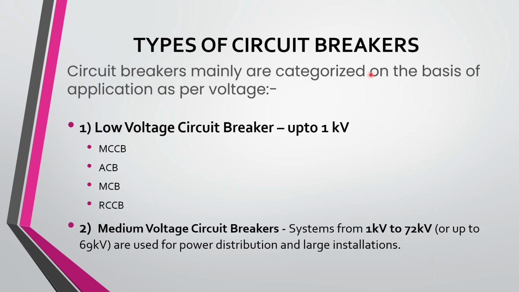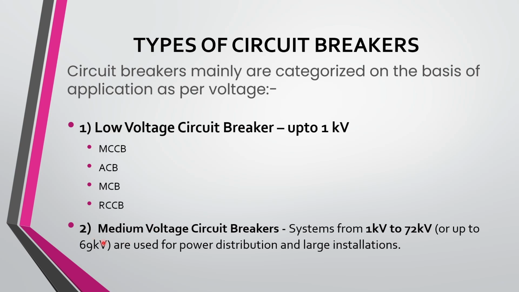Now, let us discuss the types of circuit breakers further. Circuit breakers are mainly categorized on the basis of their voltages. As we have talked about, low voltage circuit breakers are used up to 1 kilovolt of power supply. They are of different types: MCCB, molded case circuit breaker; ACB, air circuit breaker; MCB, that is miniature circuit breaker; and RCCB, that is residual current circuit breaker.